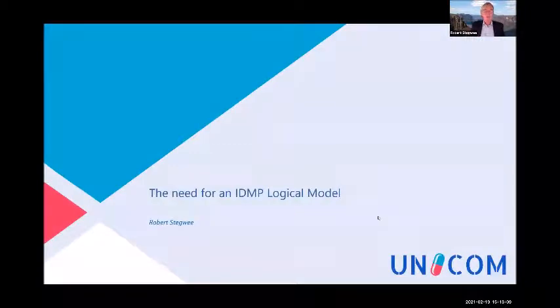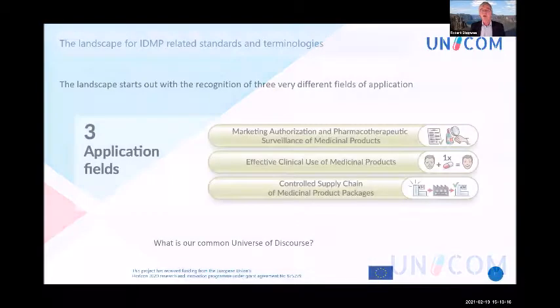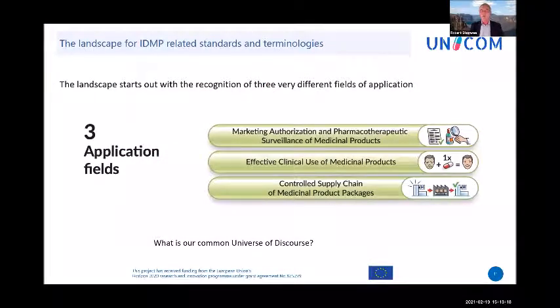If we go to the next slide, we can go to the landscape. We've been struggling really with what it is that we want to achieve from a standards point of view across the whole of Unicom and across the field of medicinal products. And we started out with looking at 3 application fields. You can also call them high-level processes if you want to.